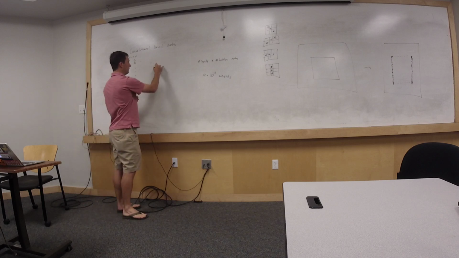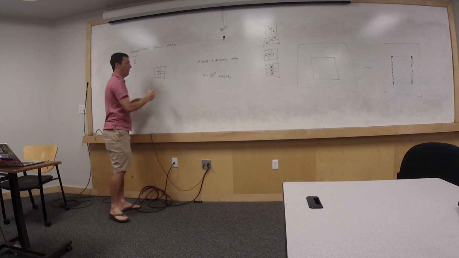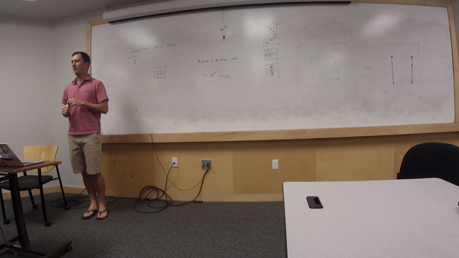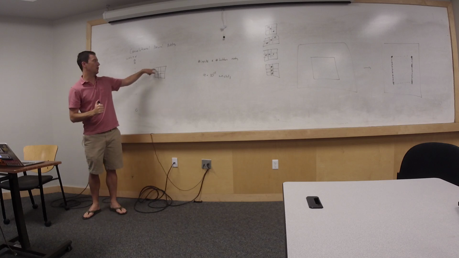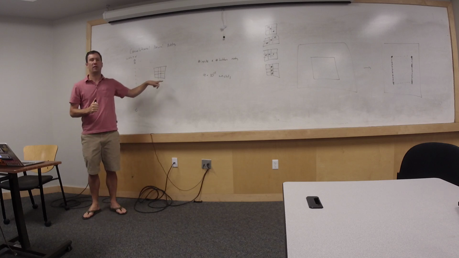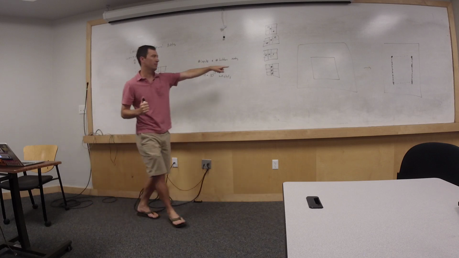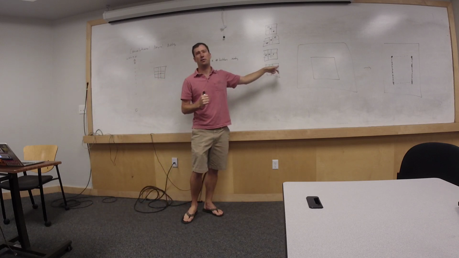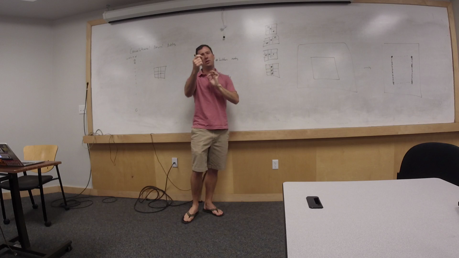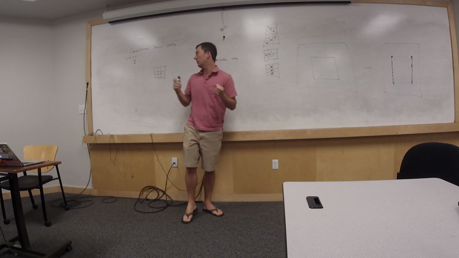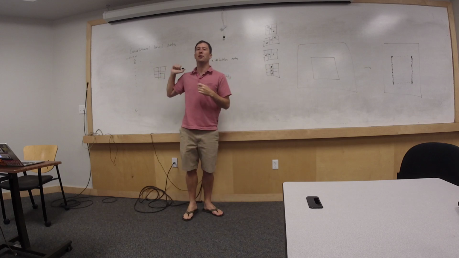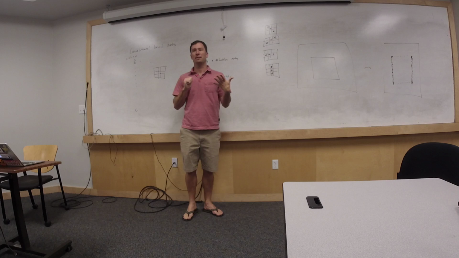Basically, I have this little 3x3 filter, and there's a weight for each one of these things, and the weights are going to control what this filter looks like. So I have a weight for each pixel in this filter. Here, my little 3x3 filter, there's going to be 9 weights. Okay.